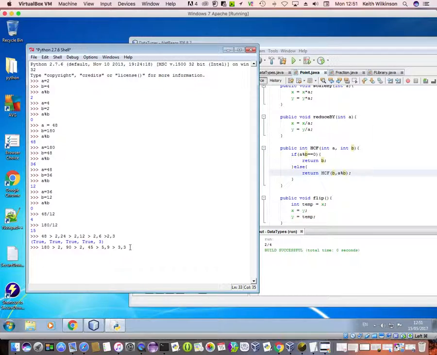So I've found all the prime factors. All I need to do now is multiply the common factors together to get the value, which would be 12.